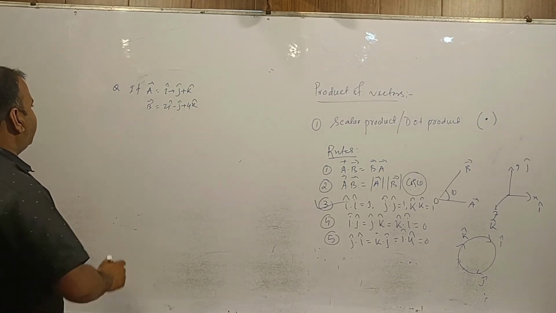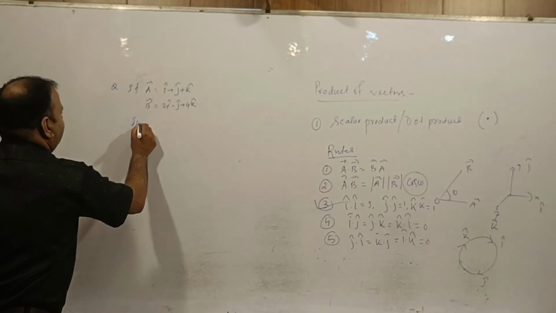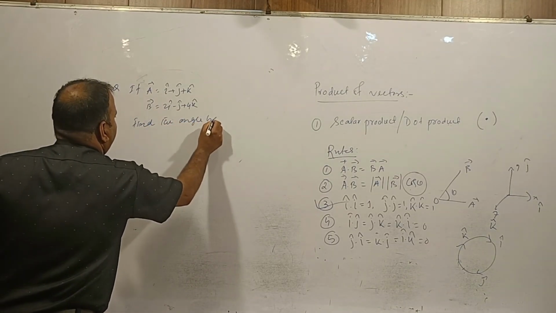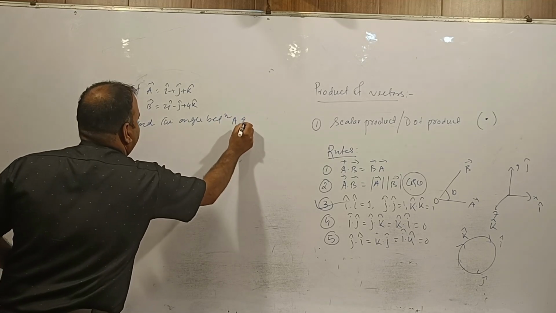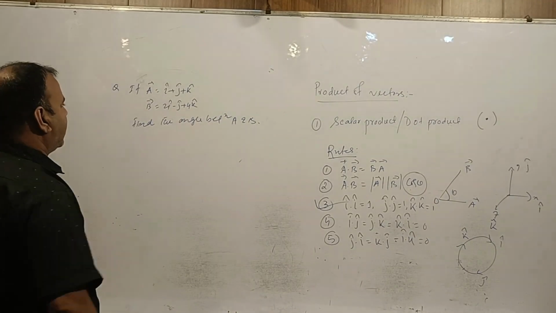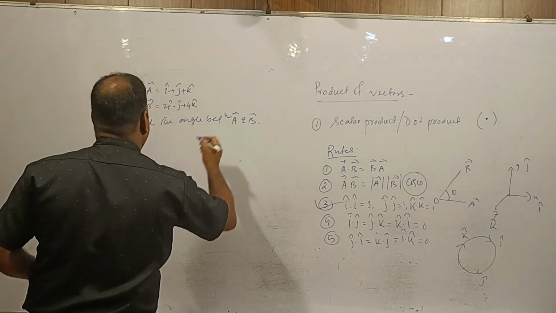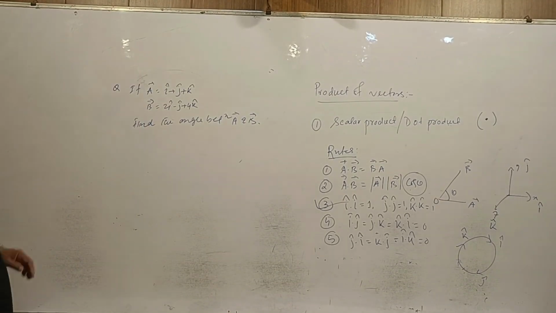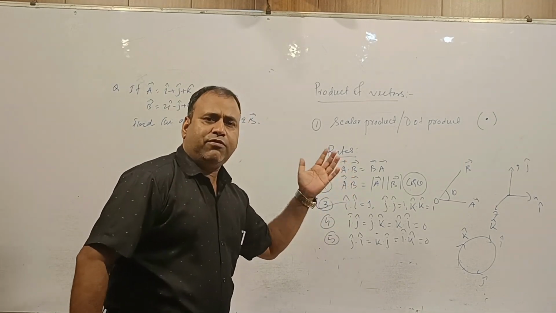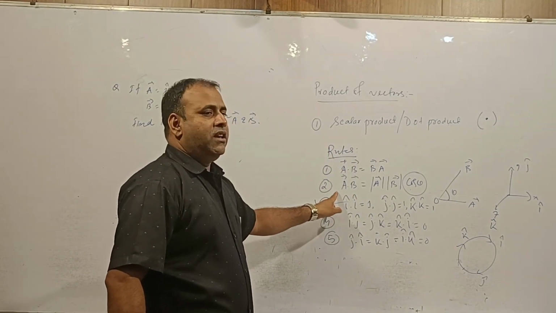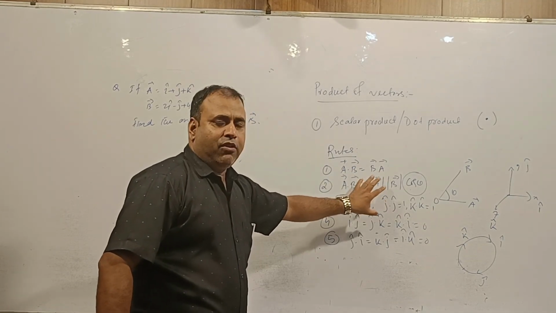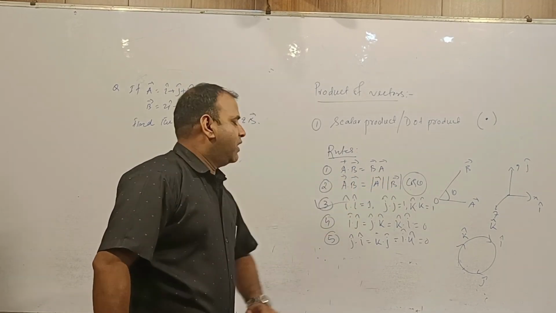Now find the angle between A and B, that means vector A and vector B. We have to calculate the angle between A and B. Now you can see this is the formula. From the given formula we have to calculate first A dot B, after that modulus A, modulus B. After knowing this we can easily calculate the value of cos theta.